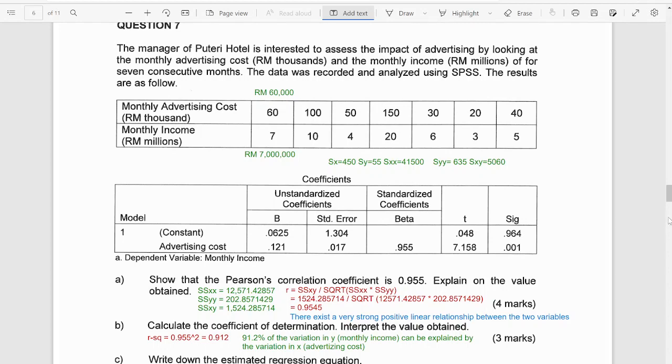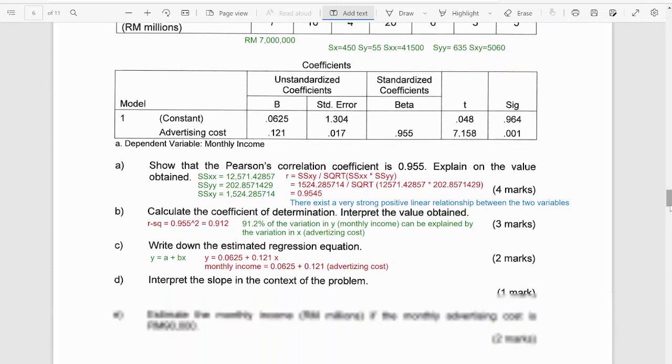Okay. So macam mana kita nak nyatakan kat sini? So let's say the value of b is equal to 0.121. So macam mana kita nak explain? Okay, how are we going to explain this value? So what you can say here in this situation, you start with the increment of the independent variable.